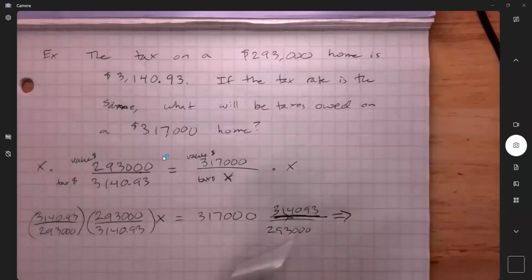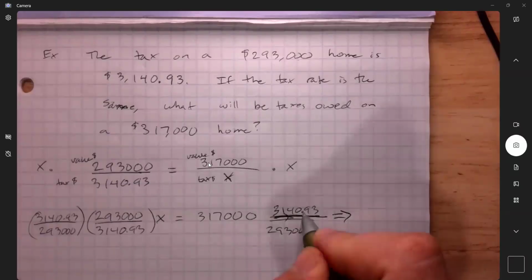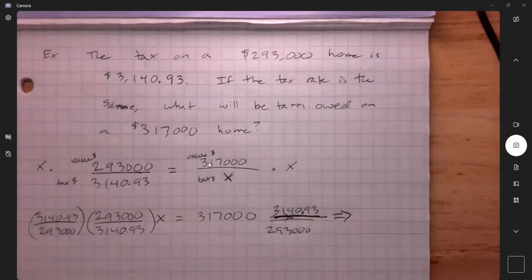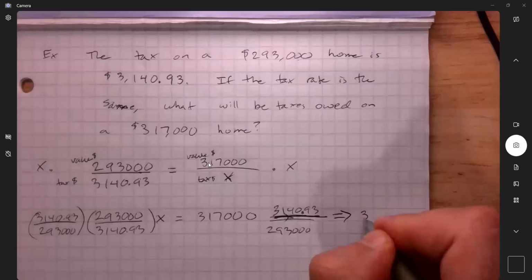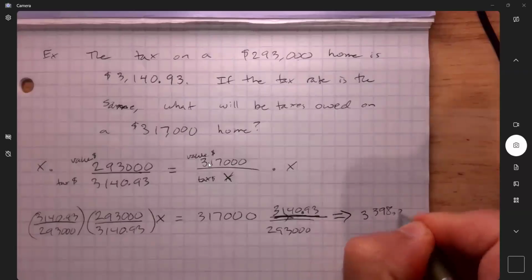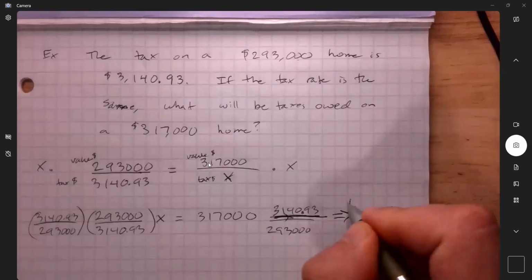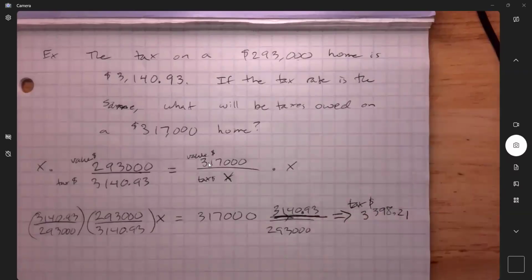I'm going to have to hop over and grab a calculator because I can definitely not do that in my head. Let's see, 317 times 3140.93 divided by 293,000 equals 3398.21 tax dollars. It works.